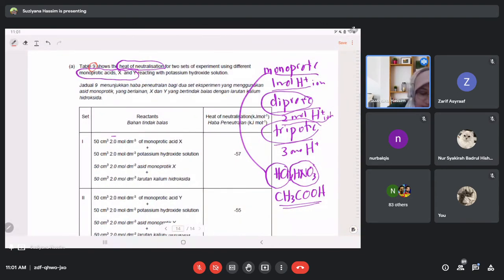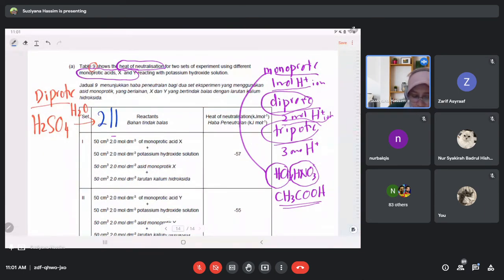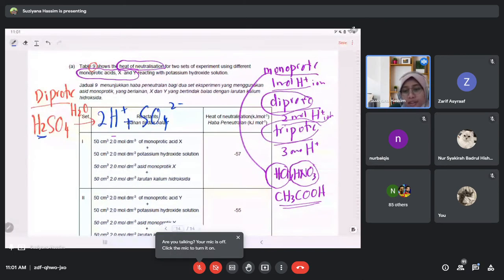Diprotic: sulfuric acid ionized in water produces 2H+ plus SO4 2-. This is an example of diprotic.